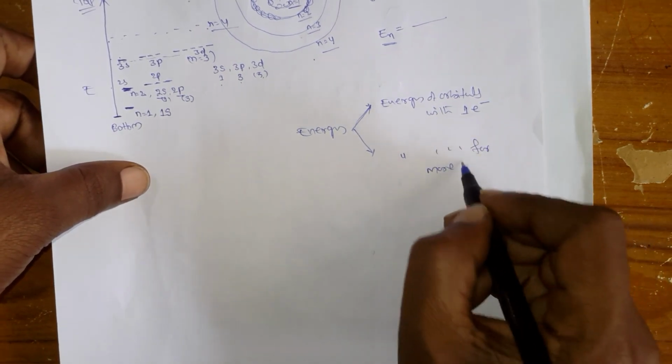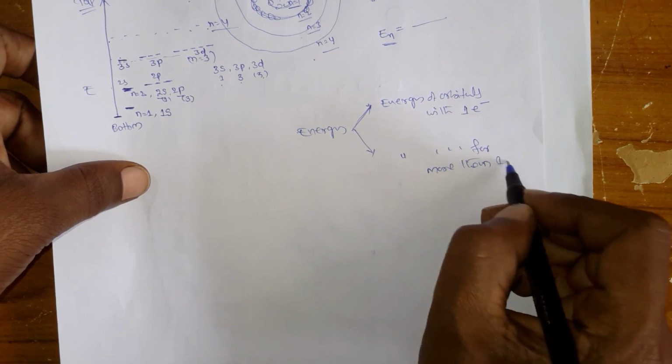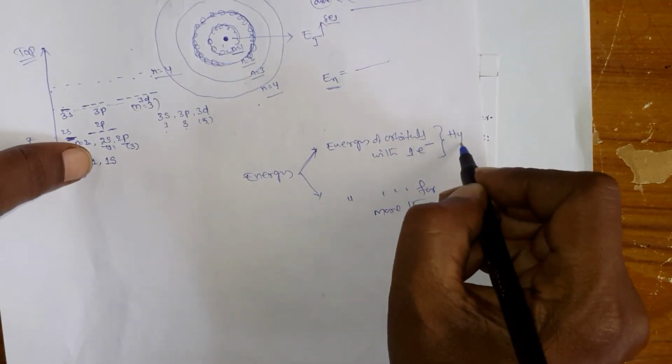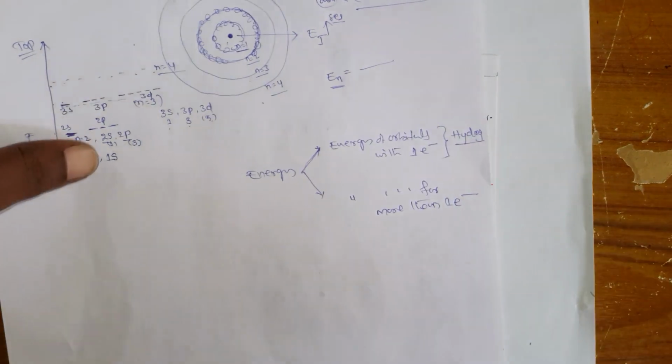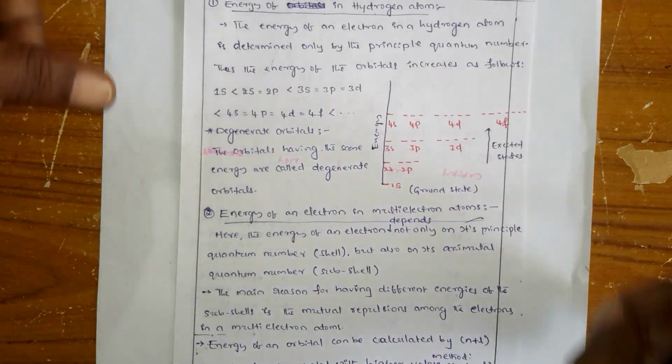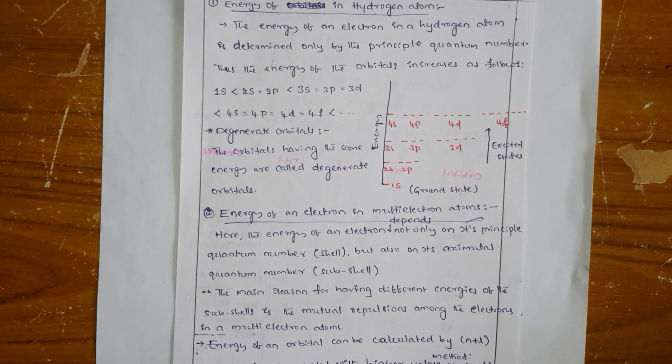Obviously, the one-electron atom is hydrogen, so first we can see hydrogen, then after that we can go to the other atoms.